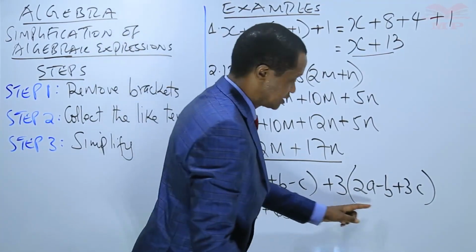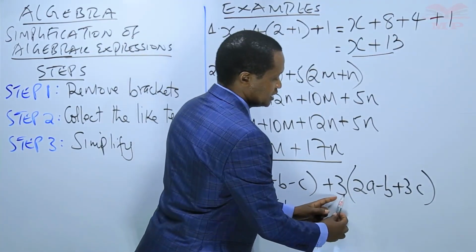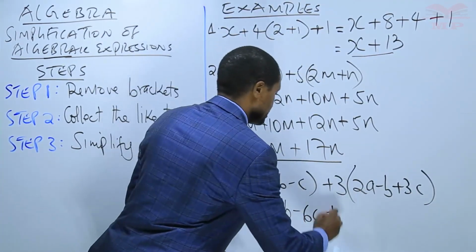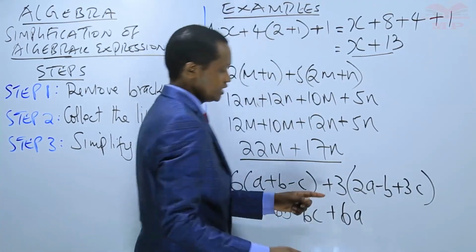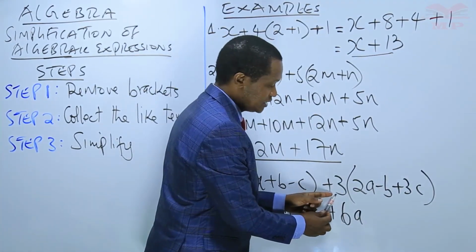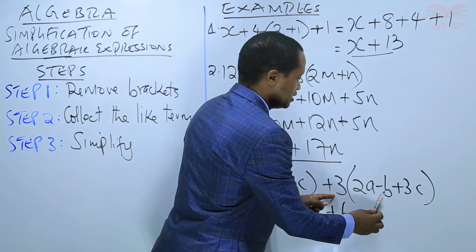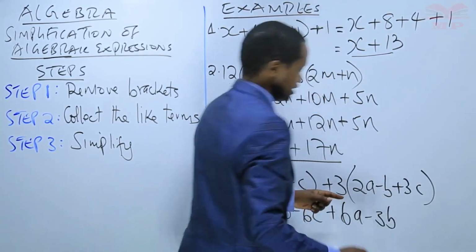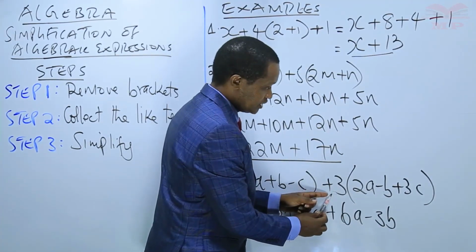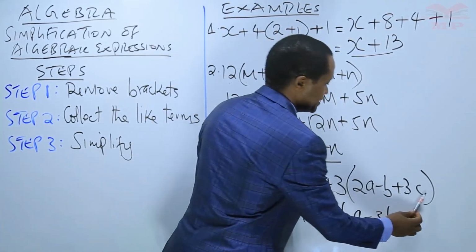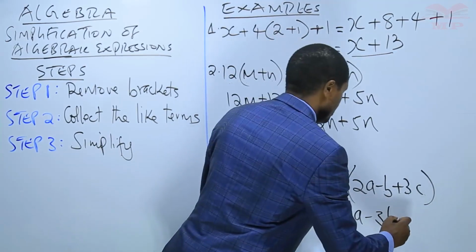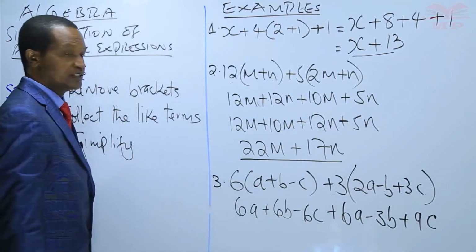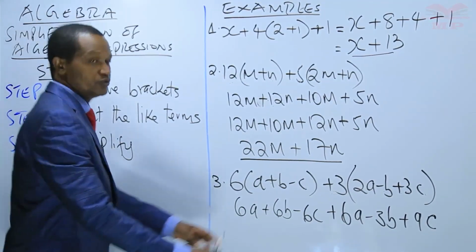Moving on to the second bracket, we have positive 3 times positive 2a will give us positive 6a. Then positive 3 times negative b is equal to negative 3b. Then positive 3 times positive 3c is equal to positive 9c. So we have removed the brackets.